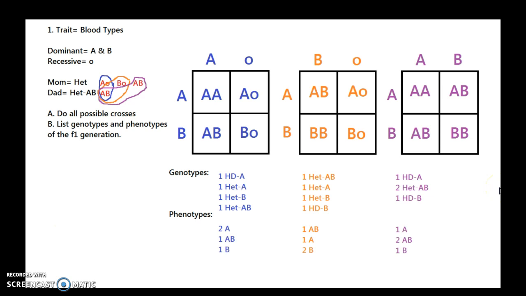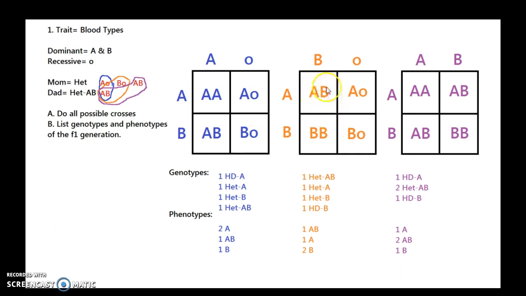You have to do a little more writing than what we did on worksheets 1 and 2, because for blood types, we have to indicate what blood type in our genotype. So we have, for our first box, 1 homozygous dominant A, 1 het A, 1 het B, and 1 het AB. So that'd be 2 blood types for A, 1 AB, and 1 B.